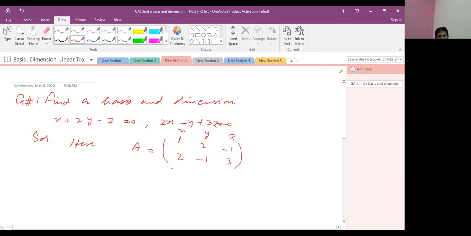The matrix A is a 2 by 3 matrix, therefore S is a subspace of R3, the three-dimensional vector space.